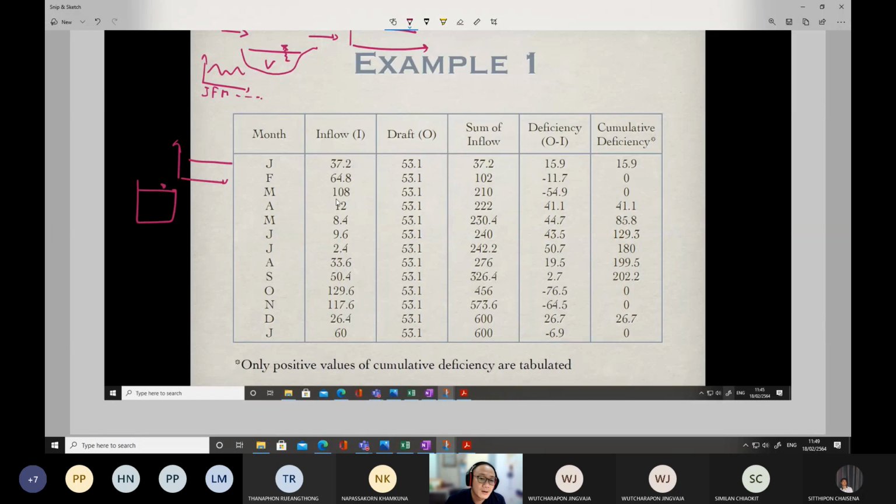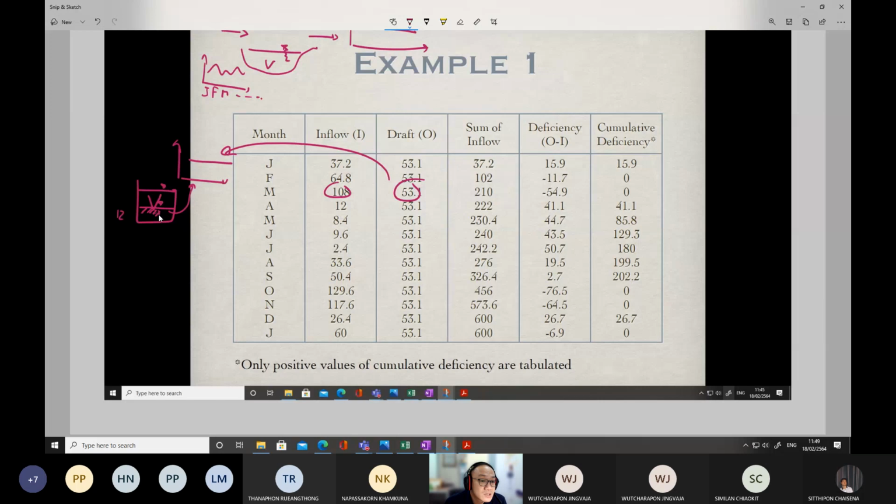During March, water levels may be higher, but in some months like April, inflow is only 12, so water levels may decrease. But even if it decreases, it should be able to supply the constant demand from the community.